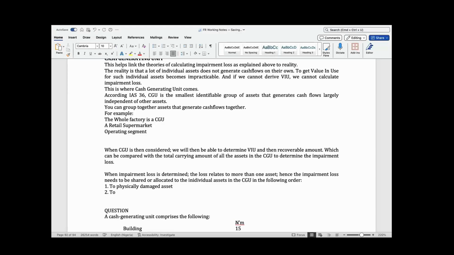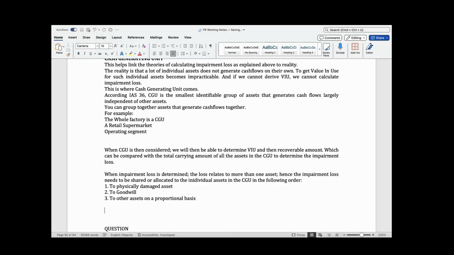Number two, you prioritize goodwill. If you have any goodwill, you prioritize that. And number three, to other assets on a proportional basis. So whatever is remaining, you share it to other assets on a proportional basis.